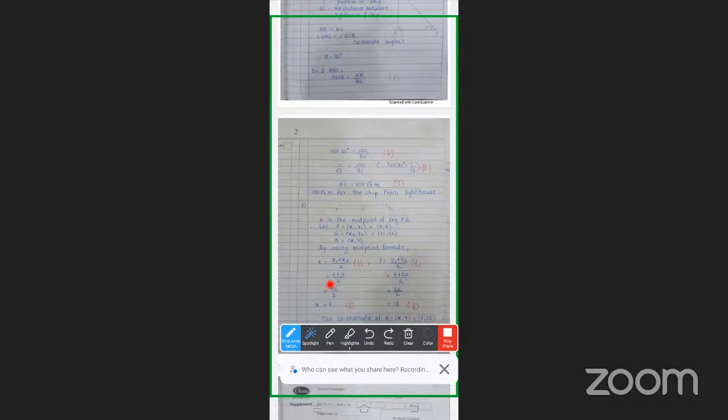So 12 upon 2 gives 6. And y1 is replaced by 6 and y2 by 20. So 20 plus 6 is 26 upon 2, that gives 13. So the coordinates of A, the midpoint, (x, y), are (6, 13), correct?